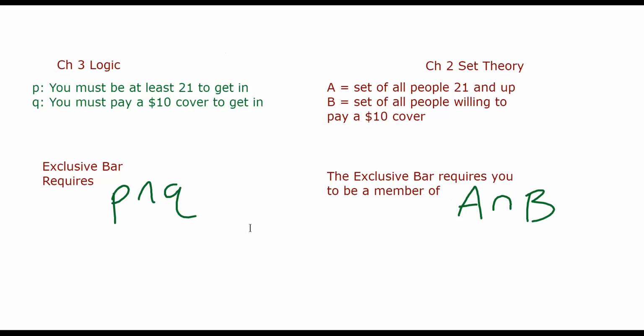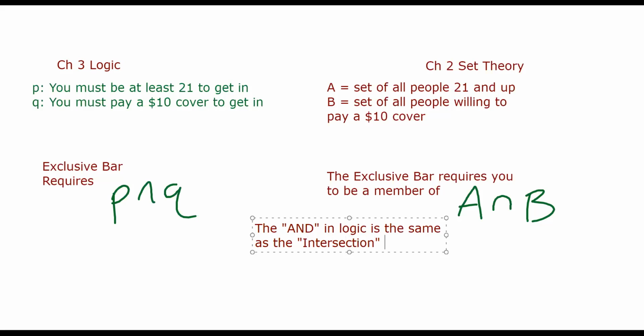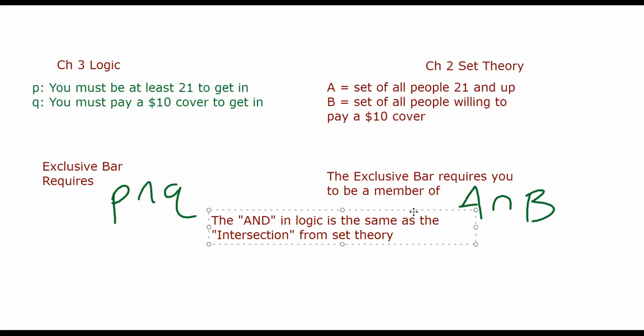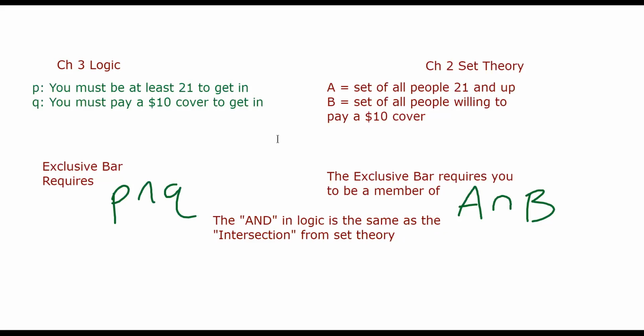So the and in logic is the same as the intersection from set theory. They're basically identical in truth. How many of you would say that's kind of cool?